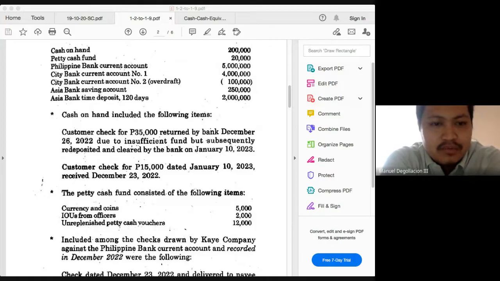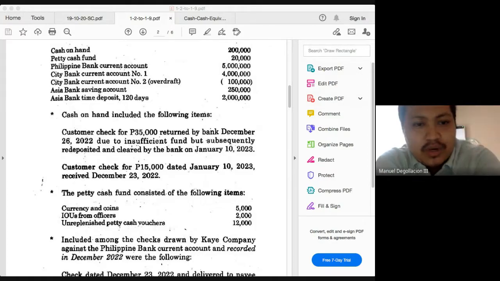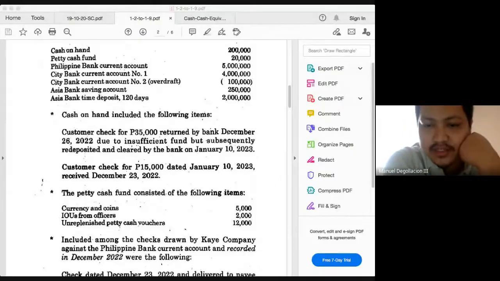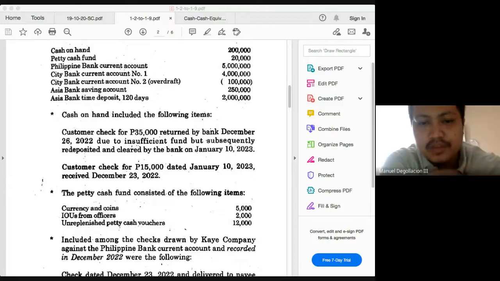Then you would ask, but how should we deal with the fact that it was redeposited and cleared by the bank on January 10, 2023? That's well and good that the customer made good on the payment, but such payment only happened on January 10, 2023. You have to ask yourselves, what's the condition as far as the entity is concerned as of the reporting date.